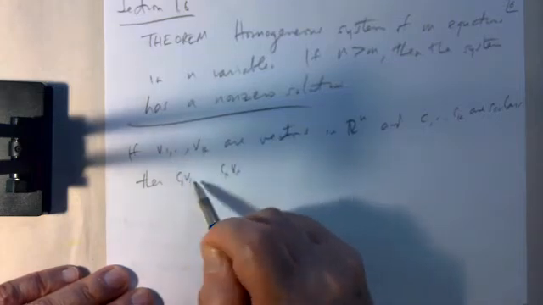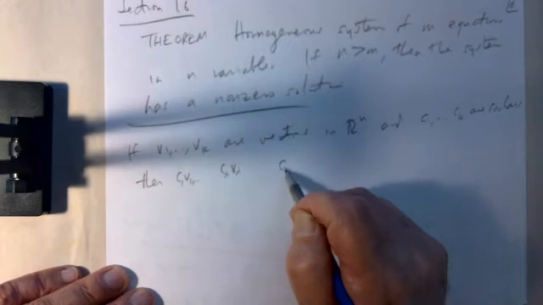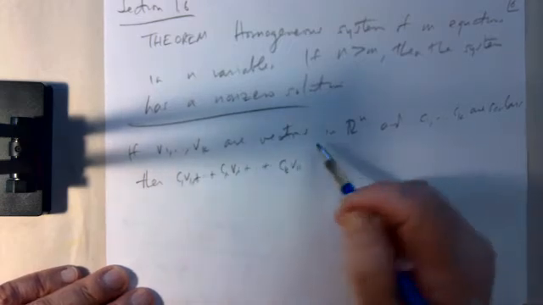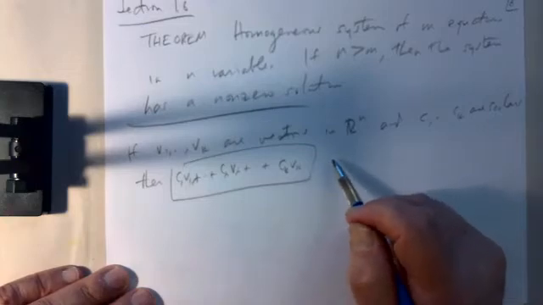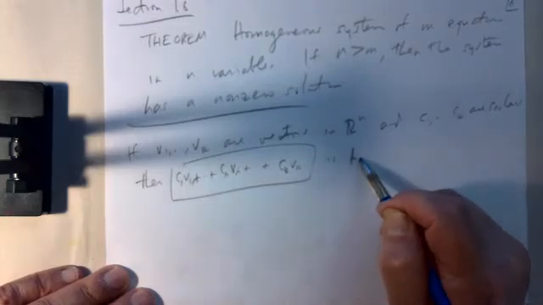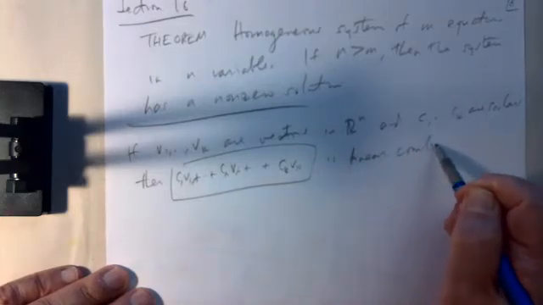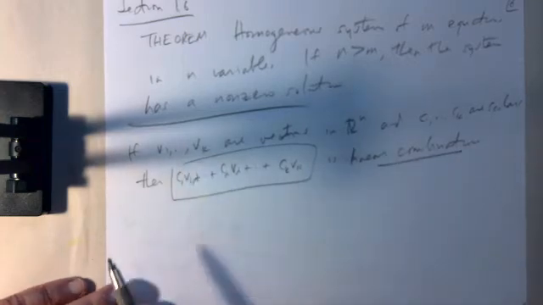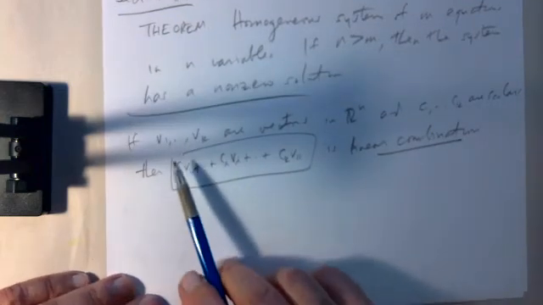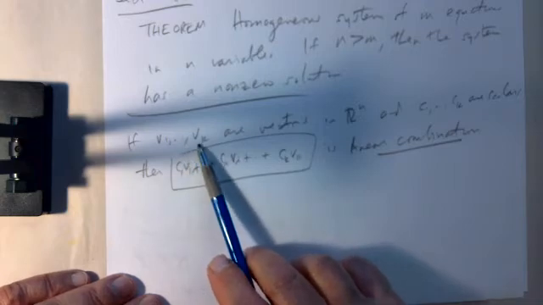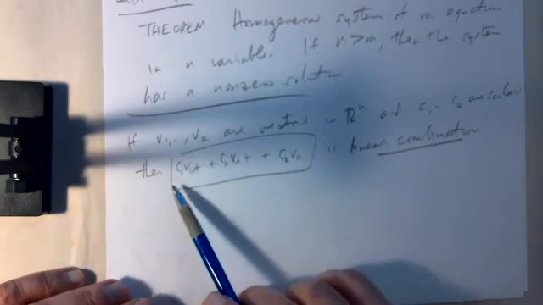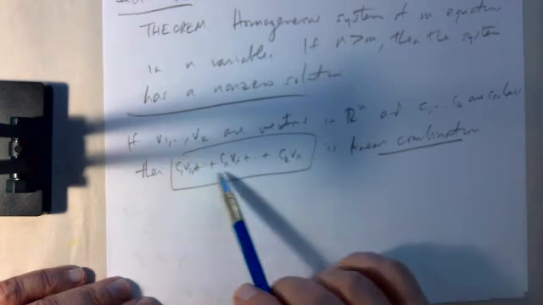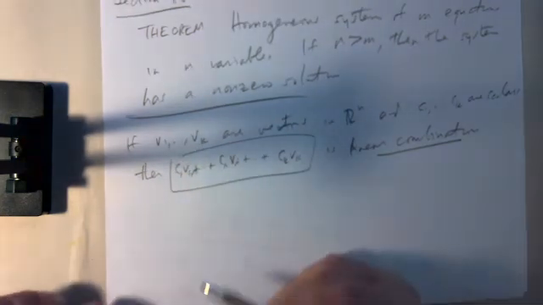I have c1 v1 all the way up to ck vk. And if I add this all up, this is the definition of a linear combination of the vectors v1 up to vk. So a linear combination of a finite set of vectors is just some vector that you get by multiplying each of the vectors in the set by a scalar and adding them all up together.